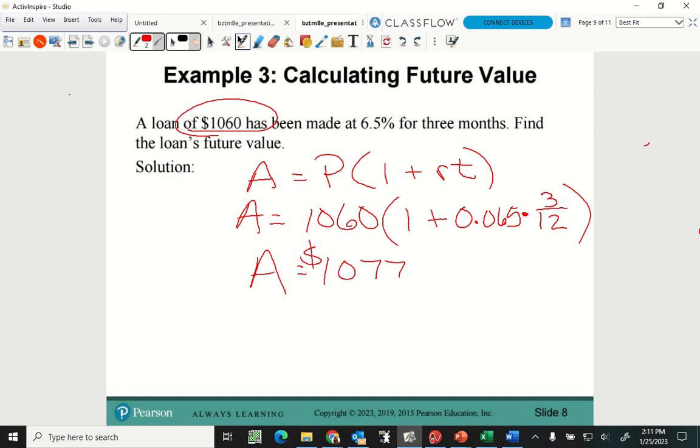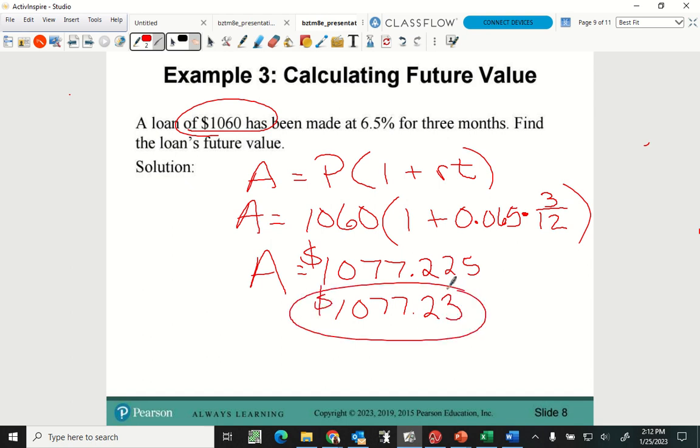If it's 225, like this, this 5 is going to make that 2 become a 3. So we always round money to the dollars and cents. So this is 1077.23. Does that make sense? Yeah? Is that good? All right.